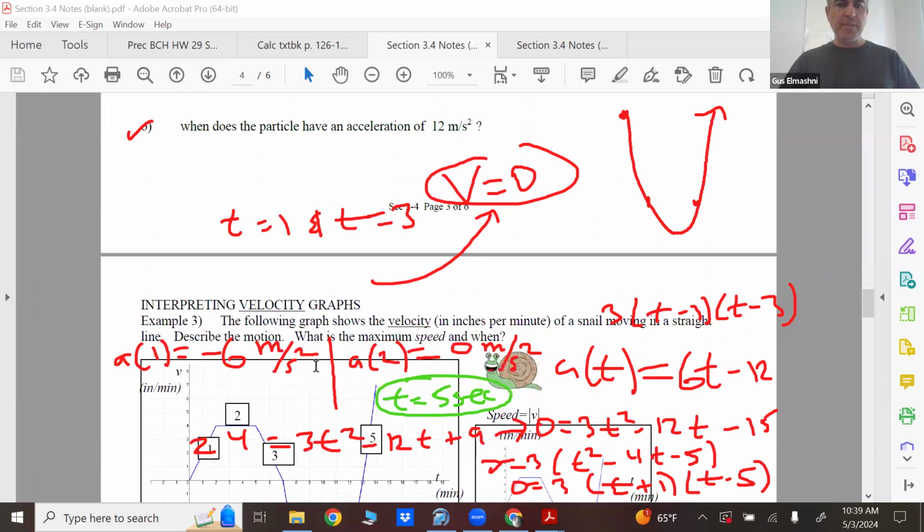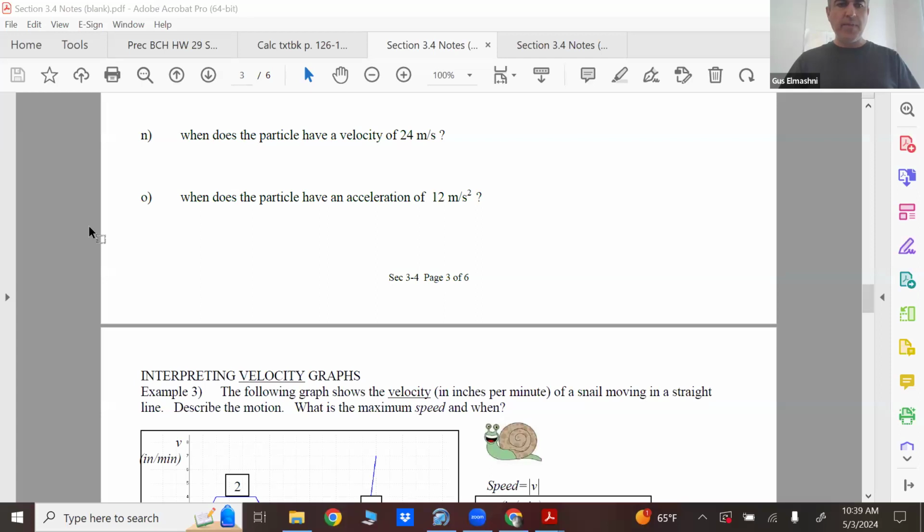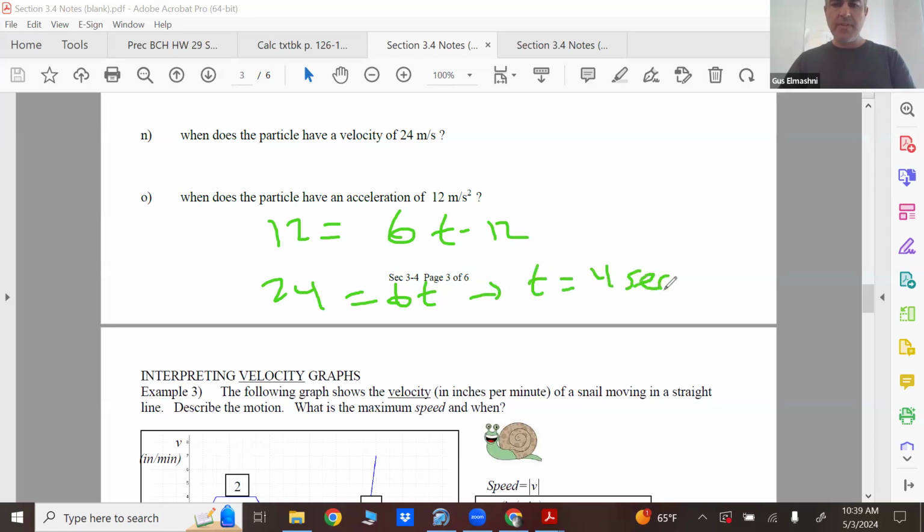Yeah, I'm feeling good about our pacing here. And then when does it have an acceleration of 12? So t equals 4 seconds. Okay, all's good there?